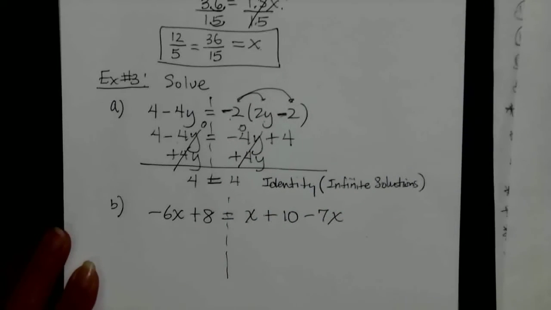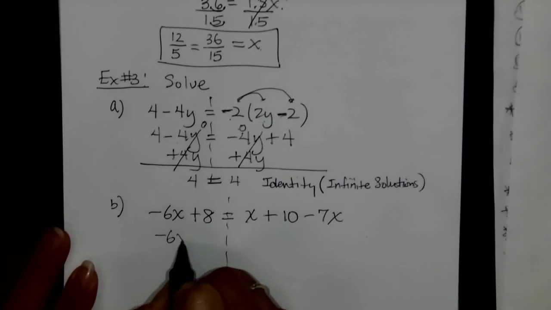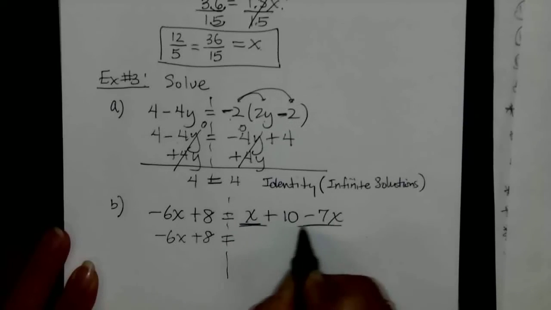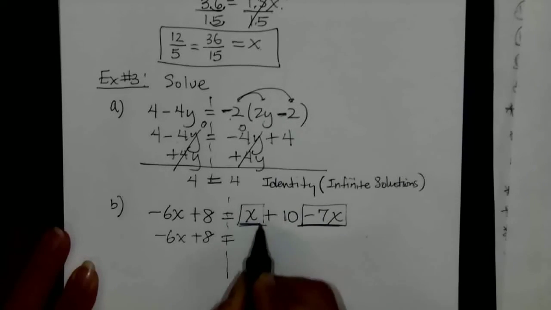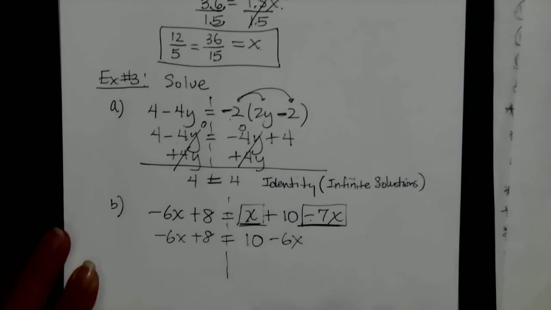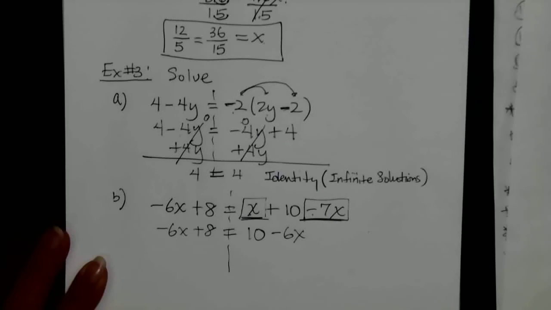Jackson says combine like terms. So you get negative 6x plus 8 equals, now these are your like terms, 10 plus x minus 7x, which is negative 6x. And that's 8 equals 10, which doesn't match, so there's no solution.